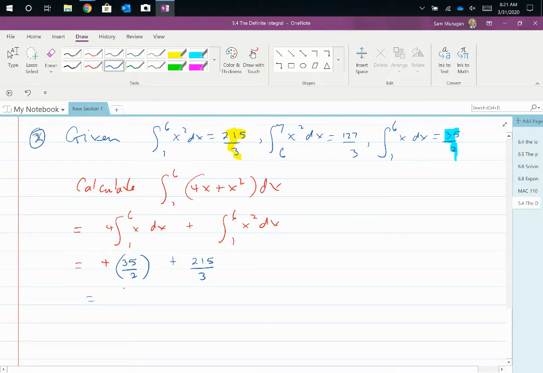So this is 70 plus 215 over 3. You can use your calculator to do the fractions, but this is 210 over 3 plus 215 over 3, which is equal to 425 over 3.